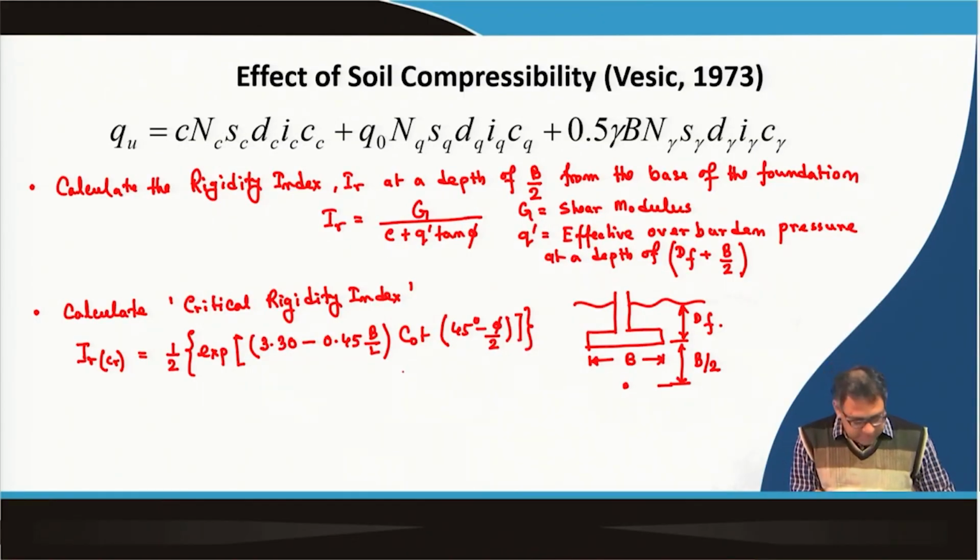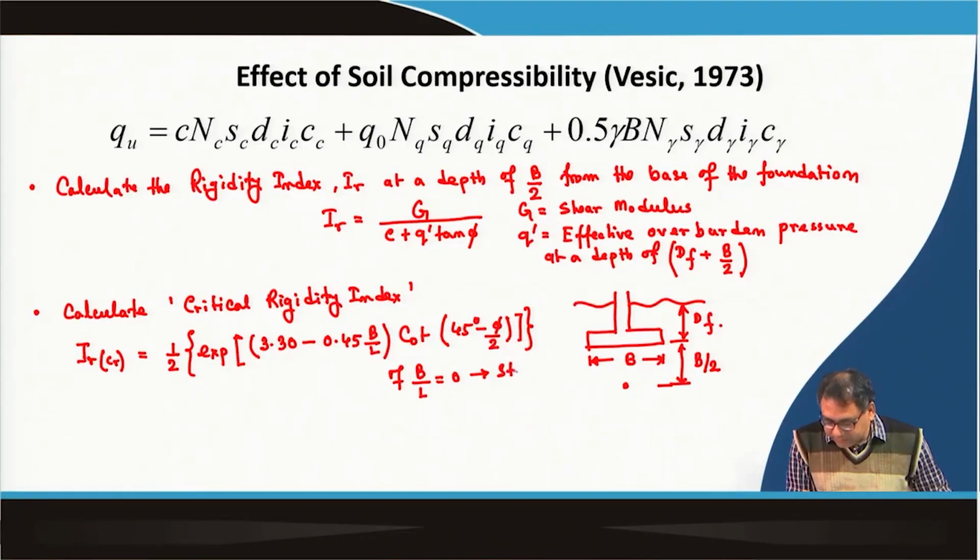Now, if B by L is equal to 0, that means the length is much larger than B, then it is called a strip footing. This is true for all the cases actually.